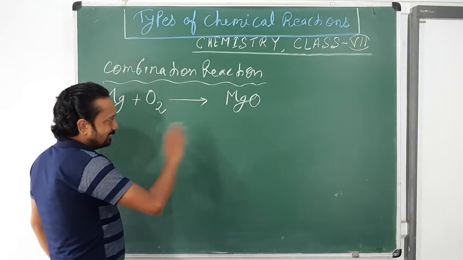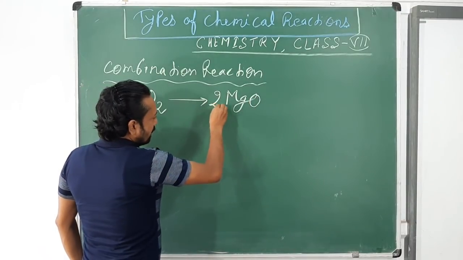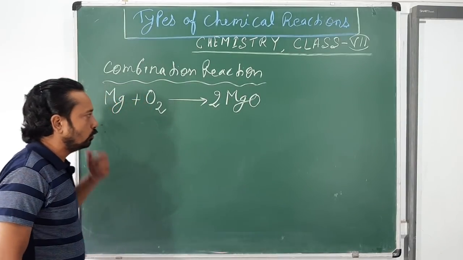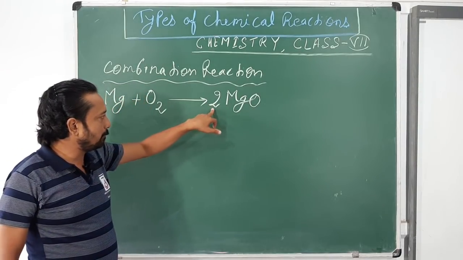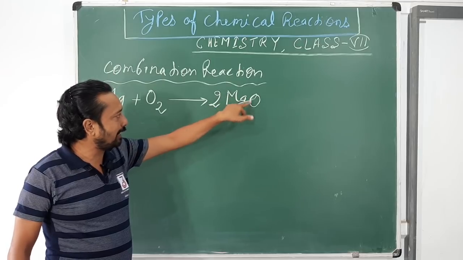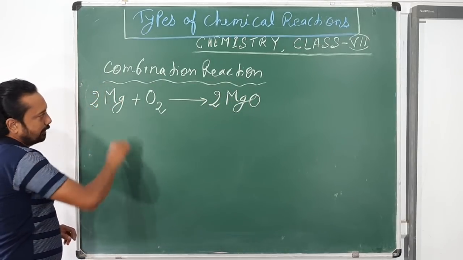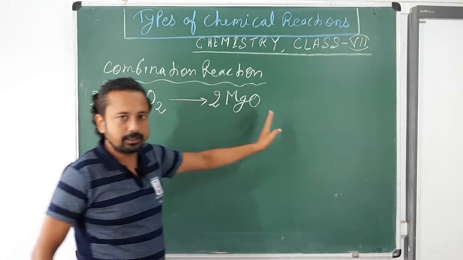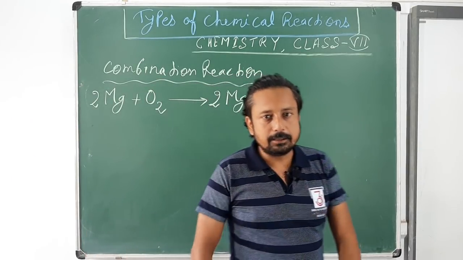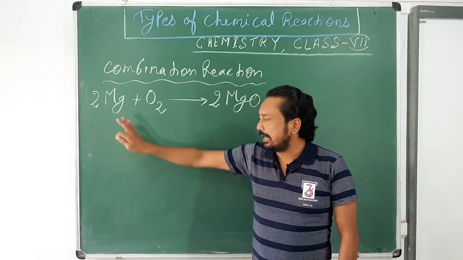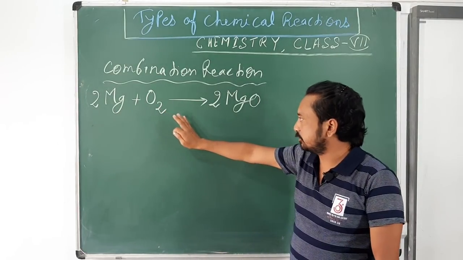So for balancing this equation we must multiply MgO by 2. As soon as you multiply it by 2, the number of magnesium atoms again becomes 2, so multiply the magnesium by 2 here. This is one balanced chemical equation for a combination reaction where magnesium ribbon burns in the presence of oxygen and forms magnesium oxide.